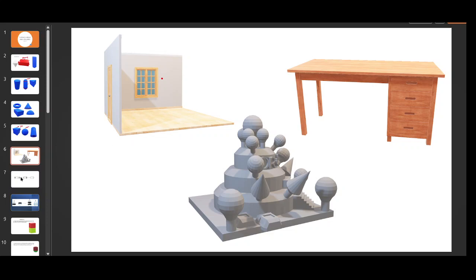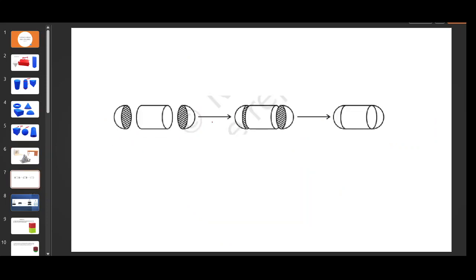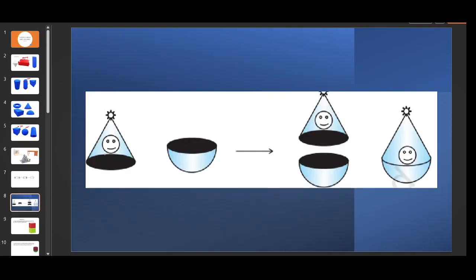Now look at this. This is the combination of two shapes. I have already discussed this. Now, guys, this is the hemisphere and this is a cone. If you try to find the black portion of this area, the black surface, this is pi r square. And this is 2 pi r square.